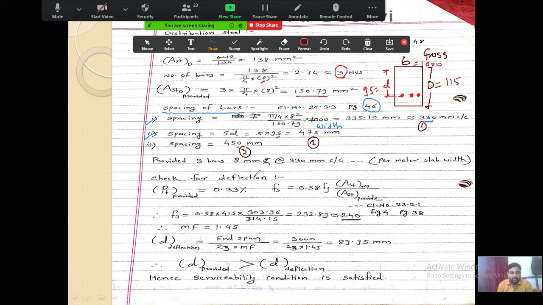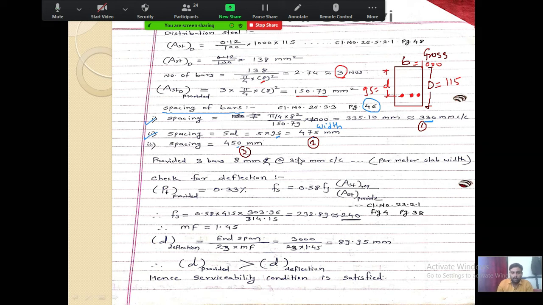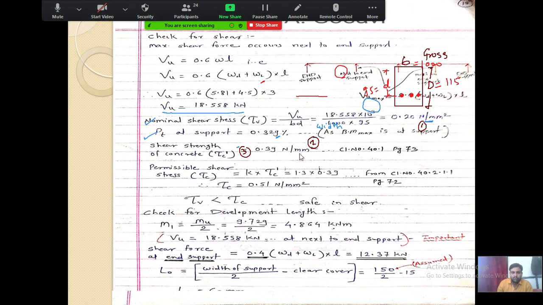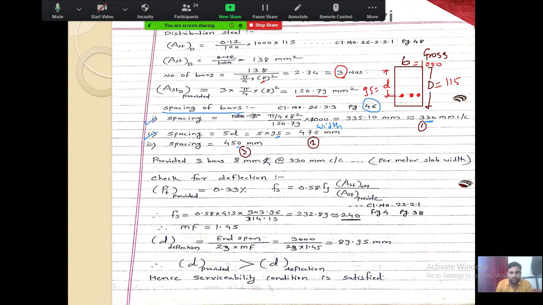Next, the check for deflection is taken. You need to take several checks: check for shear, check for deflection, check for development length. In the previous one way slab design, the check for shear was taken earlier.